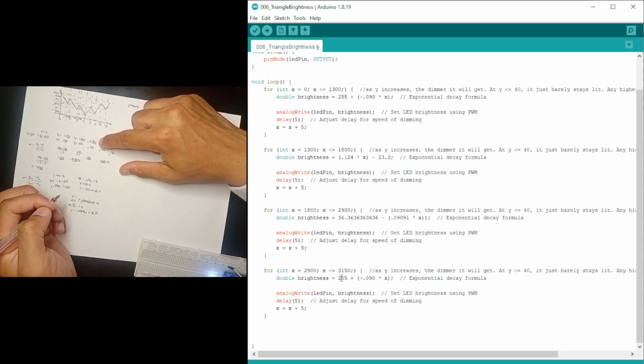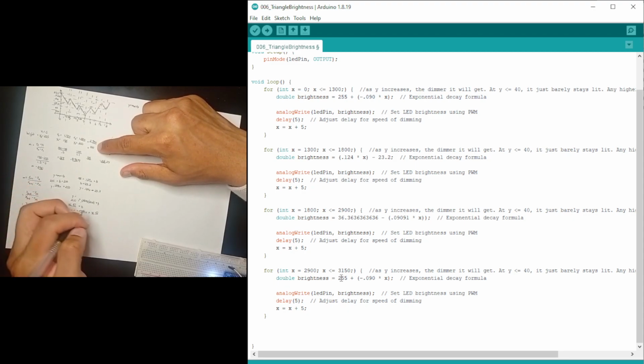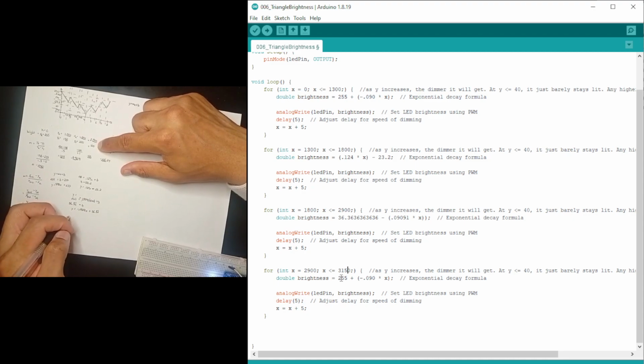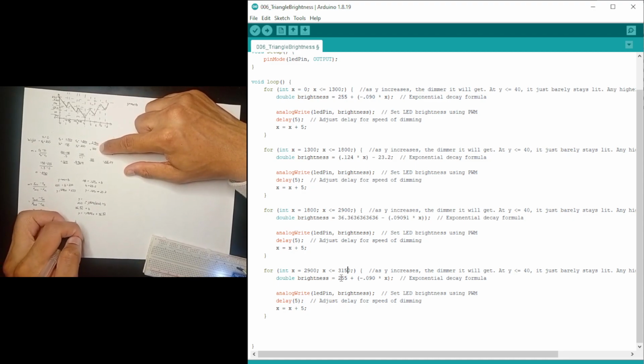So if y equals 100, equals 0.128x plus b, where x equals 2900.